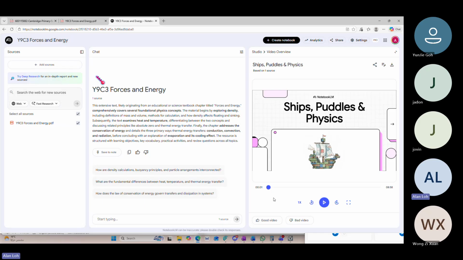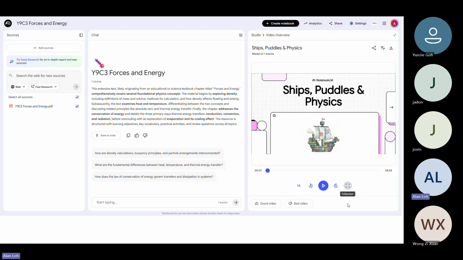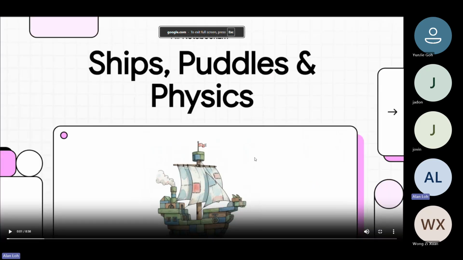All right. So what we are going to do here, this video is going to explain this chapter. And I want you to intentionally link which drawer it is. When they are talking about certain parts of the video, you need to tell yourself whether this is drawer 1, 2, 3, 4, or 5.